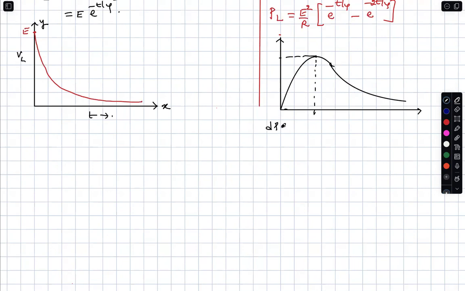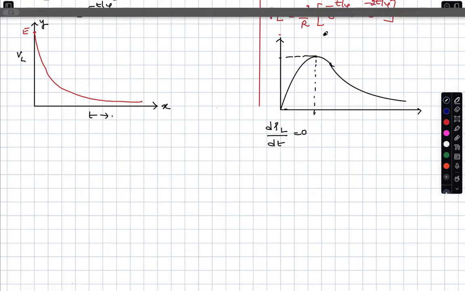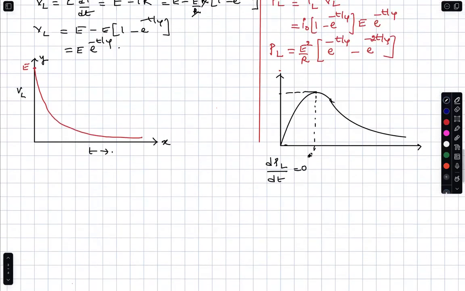So dPL by dt is 0 there. Now this entire thing depends on this part. By doing the differentiation, minus 1 by tau times e to the power of minus t by tau plus 2 by tau times e to the power of minus 2t by tau is equal to 0.